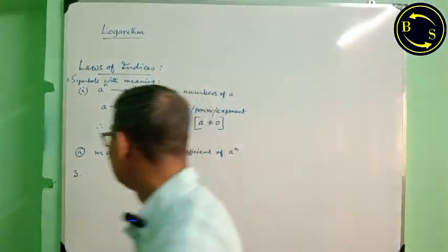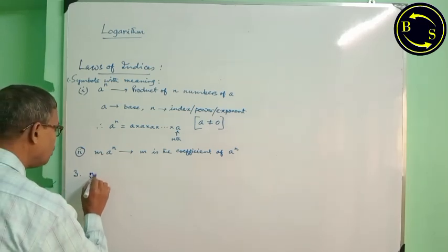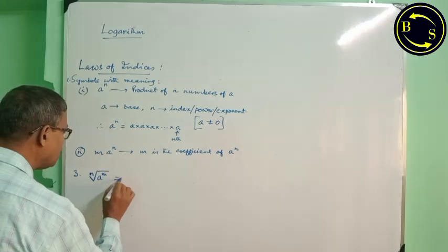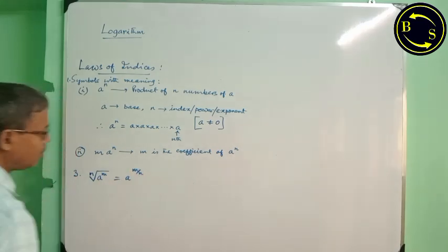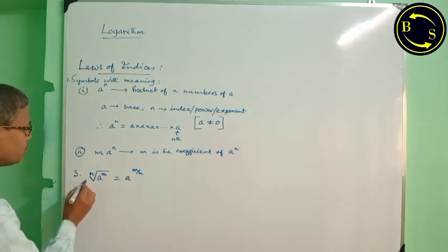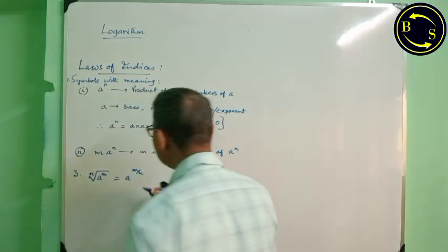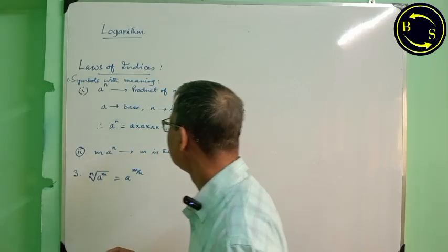Next formula: the nth root of a^m is equal to a to the power m by n. This is the index form, this is the radical form.